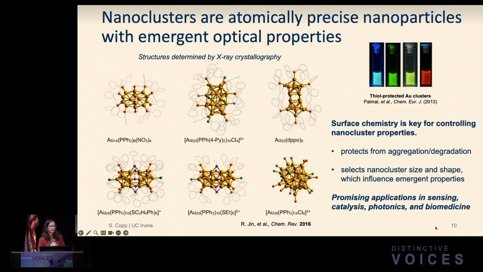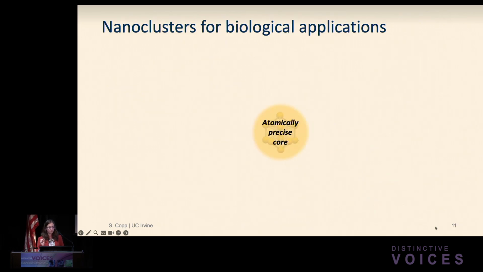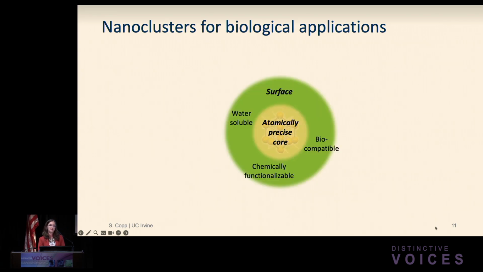So if we can create a nanocluster with a certain size and shape that emits in this near-infrared window, then maybe we can use that as our light-emitting element for a contrast agent. But there's more than just having that atomically precise nanocluster core that we have to consider. There's another level of complexity when we go into a biological setting, and that's related to what we put on the surface.